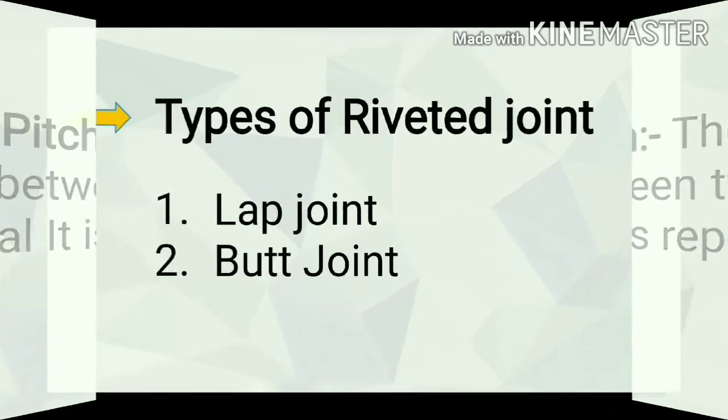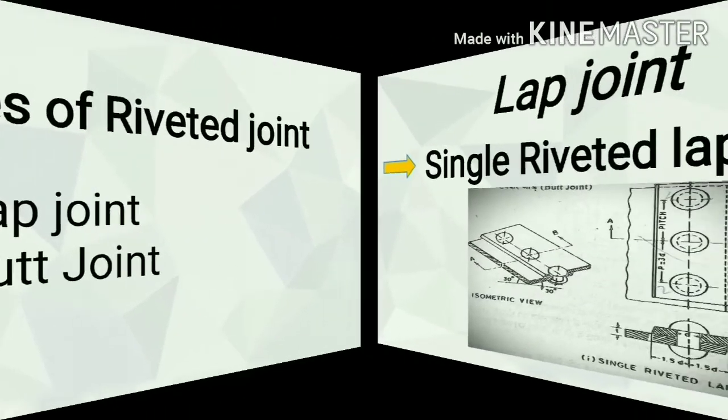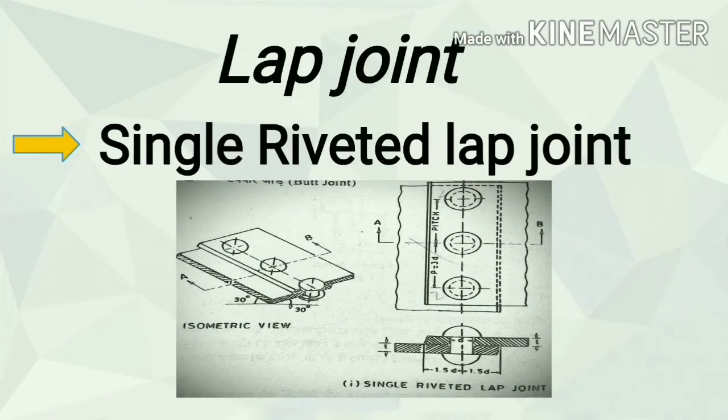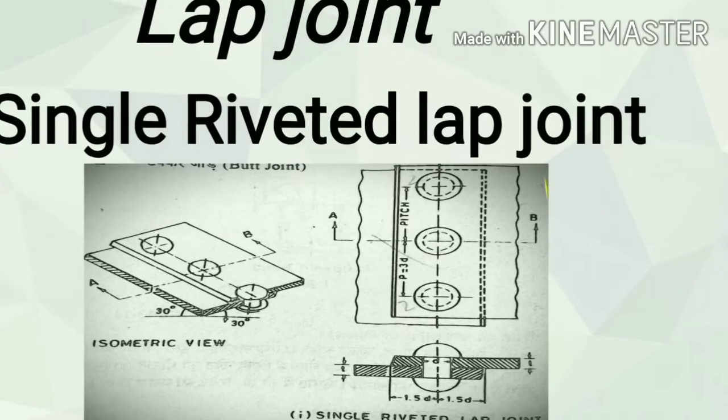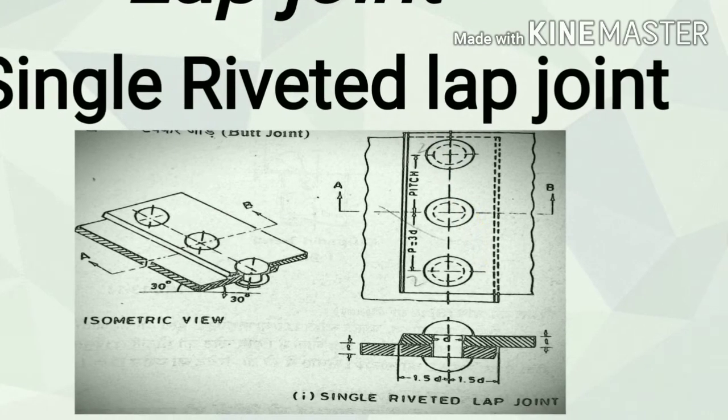Types of riveted joint: lap joint, butt joint. Lap joint, single riveted lap joint. Here is one column of rivets in this picture and one plate is above another.